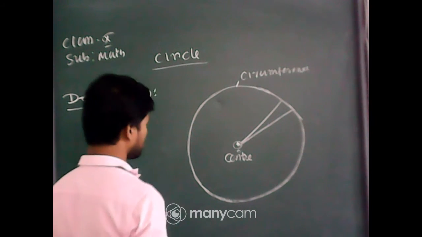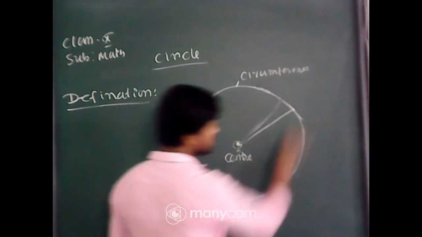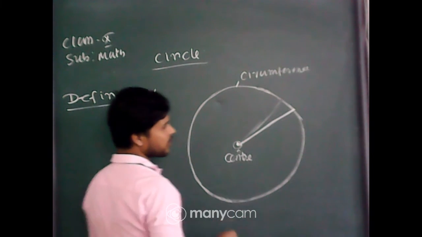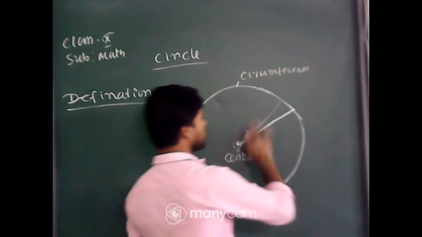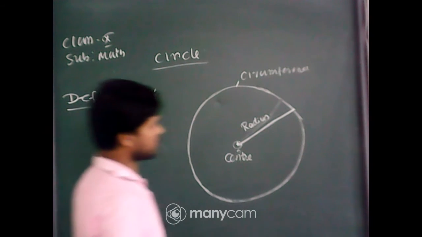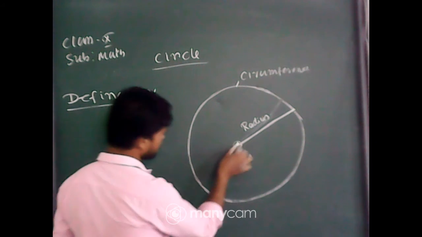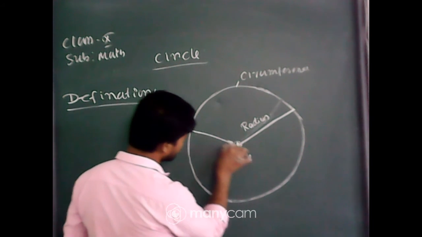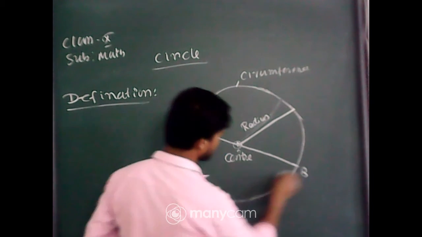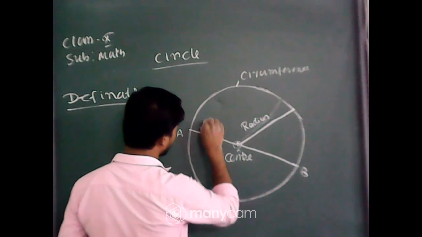And the line joining any point on a circle to the center is called the radius of the circle. And if we draw a line through the center which intersects the circumference of a circle at two points, this line is called the diameter of a circle.